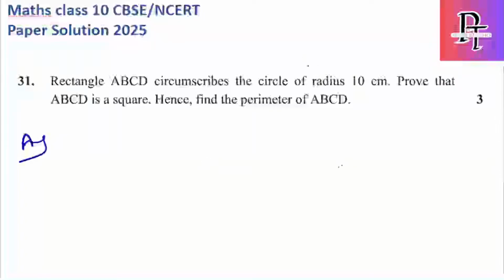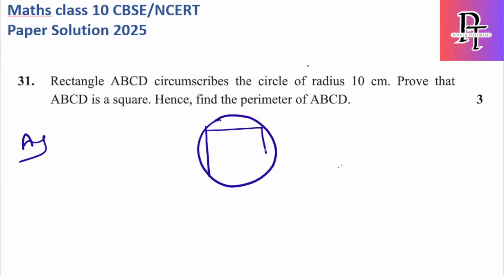So what is the question here? We have a rectangle ABCD that circumscribes a circle of radius 10. Prove that ABCD is a square. So we have a circle. We have a rectangle which is circumscribing a circle.